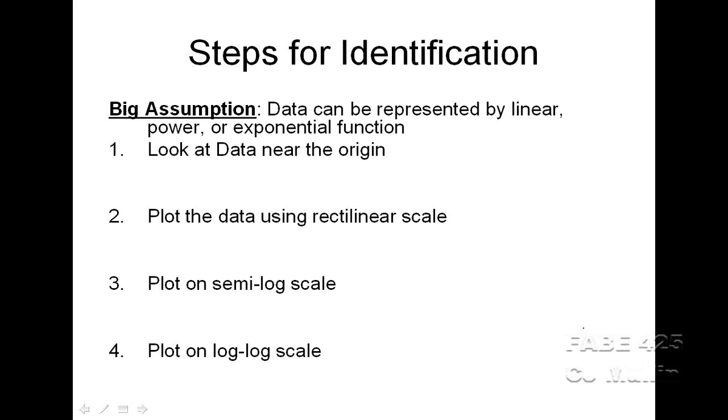As we get more complex systems, we're going to find that maybe it's not quite as trivial to come up with that. So one of the big assumptions we're making in putting these 4 steps together for identifying the type of function is that the data can actually be represented by a linear, a power, or an exponential function.